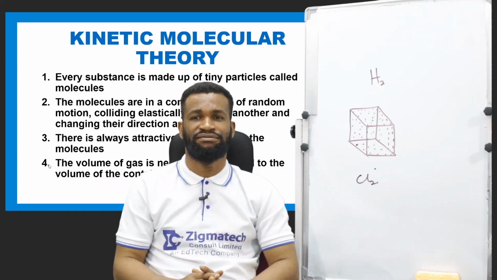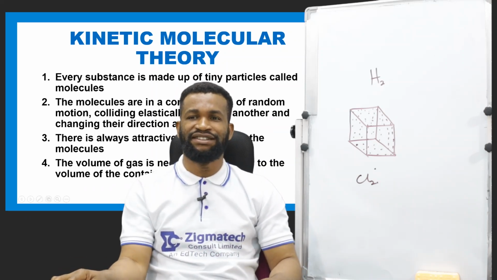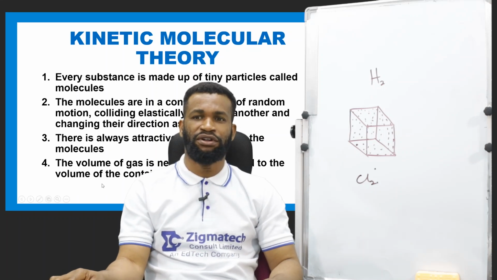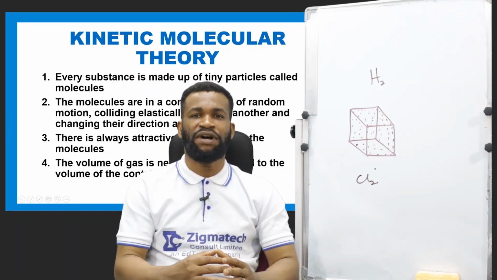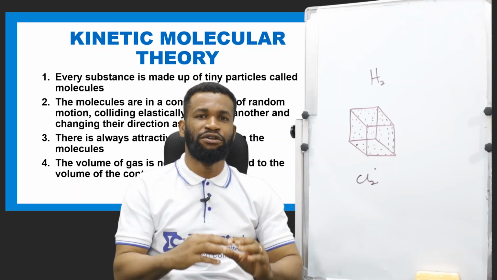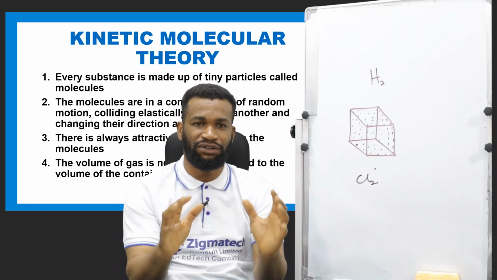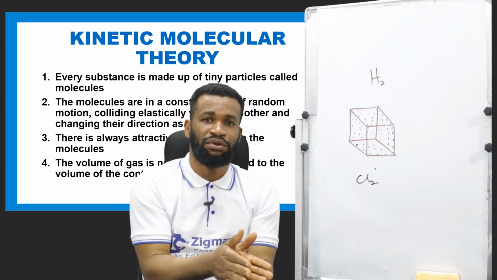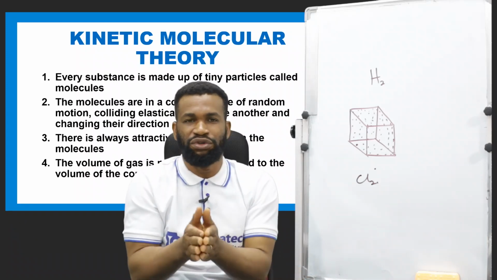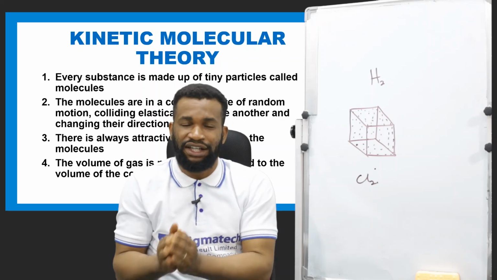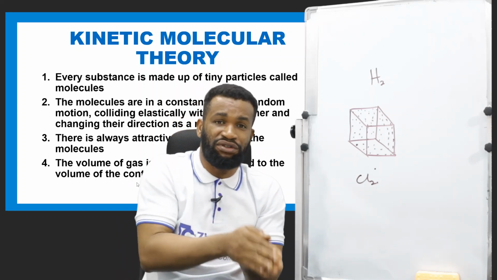Now, the volume of a gas is negligible compared to the volume of the container. That means whenever you see a gas, the gas takes the shape of the container. So if you see the shape of a container, you have seen the shape of the gas. So we don't really talk about the shape of a gas, rather we talk about the shape of its containing vessel.